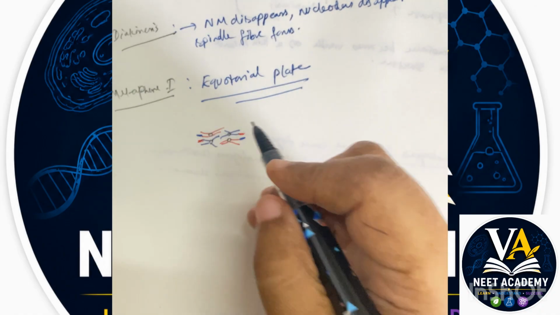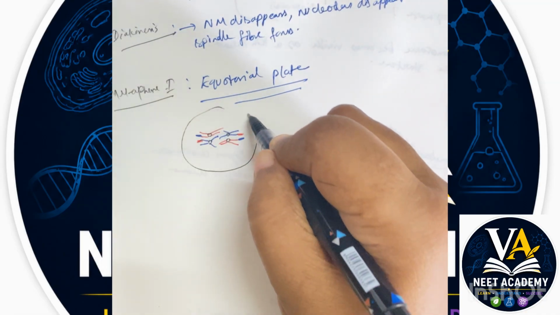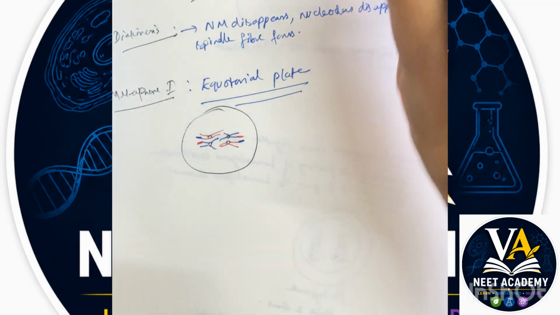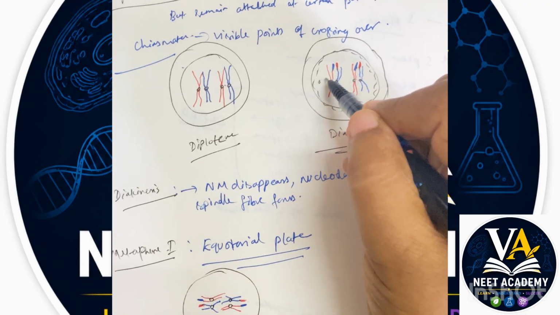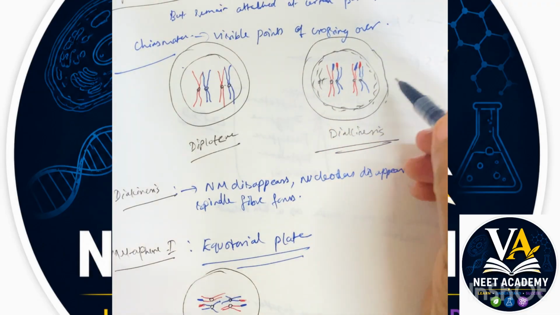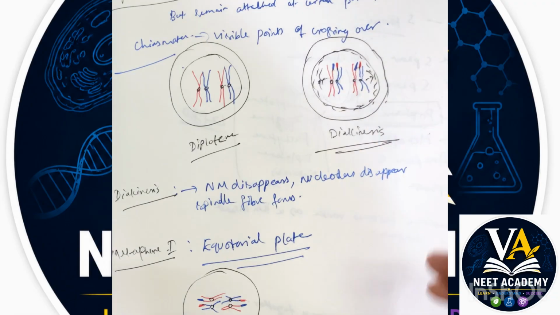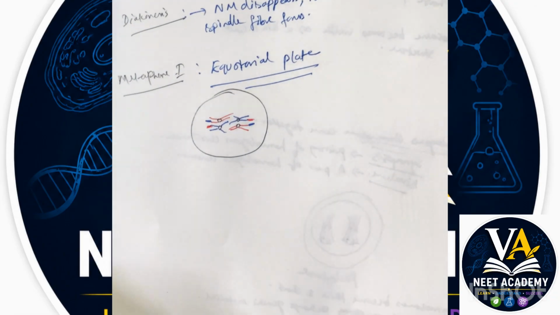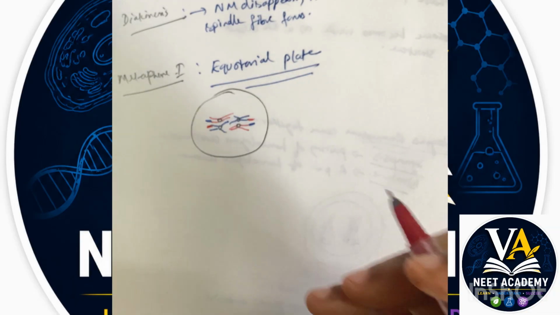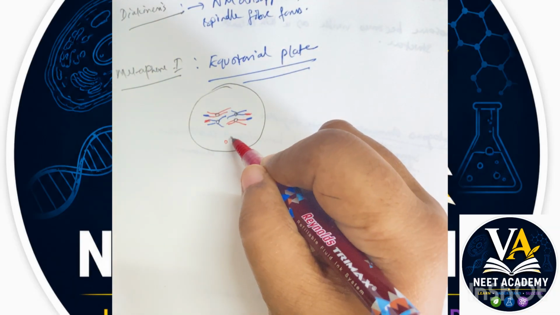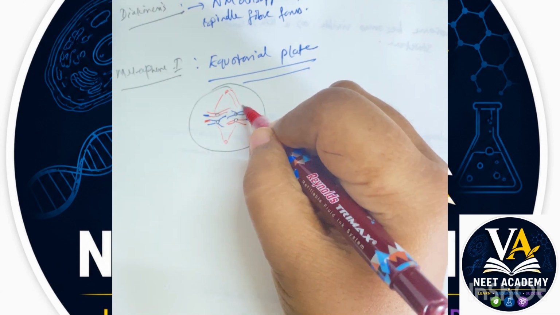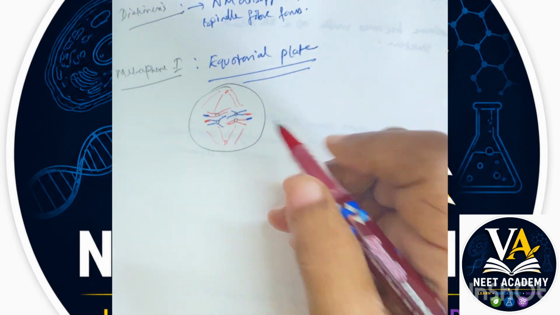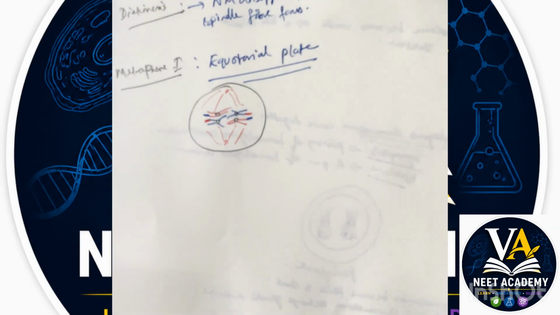The nuclear membrane has already disappeared. The spindle formation has already happened in diakinesis, isn't it? So I forgot to draw the spindle fiber formation here. After the homologous chromosomes pair with each other, the spindle fiber formation happens, and this spindle fiber attaches to the centromere, as you all know.